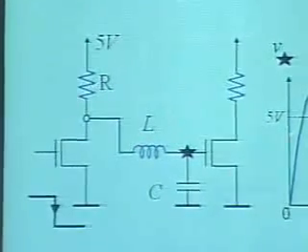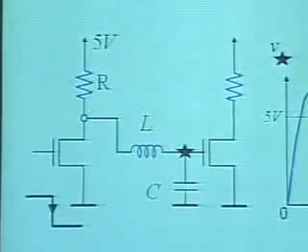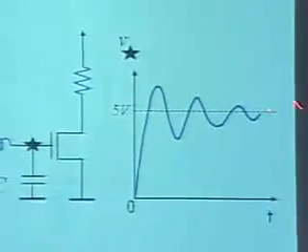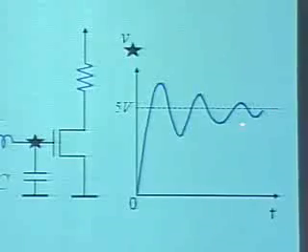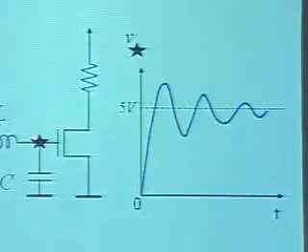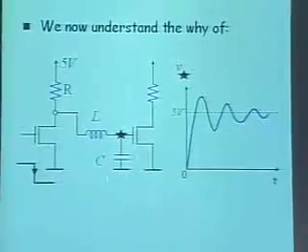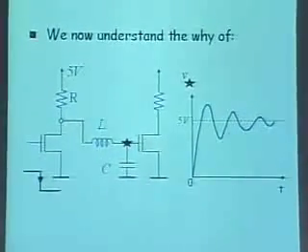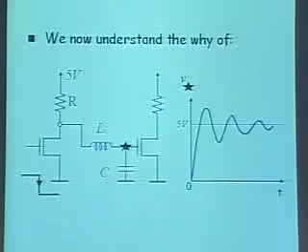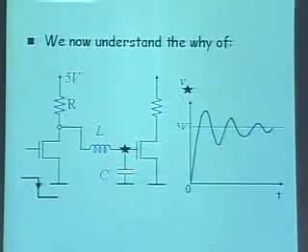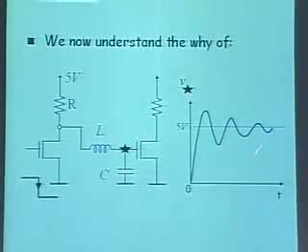Because of this resistor, the energy eventually dissipates, and you end up getting a final value which corresponds to the 5 volts appearing here. And why is that? Remember, the capacitor is a long-term open for DC. So it's a DC voltage, and after a long time, this capacitor looks like an open circuit.